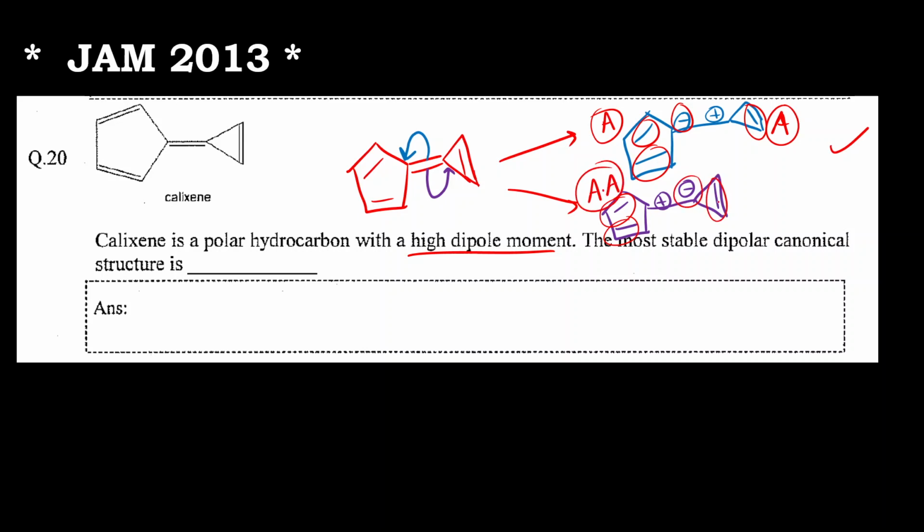Here also 2 plus 2, 4. This is also anti-aromatic. So this is unstable. Okay. So what is the correct answer? The correct answer for this structure will be, the larger ring will have negative charge and the smaller ring will have positive charge.